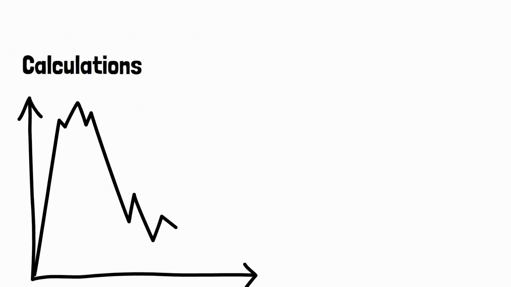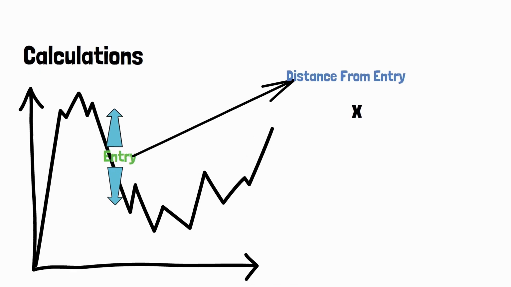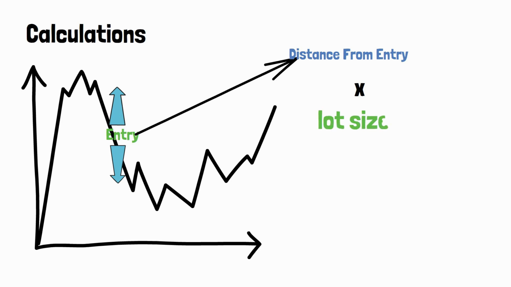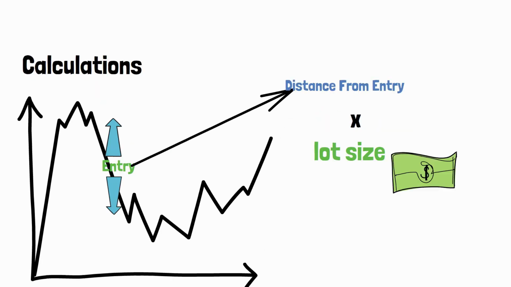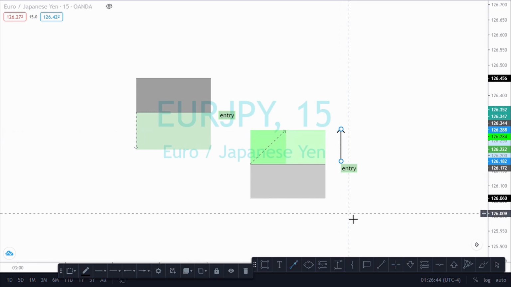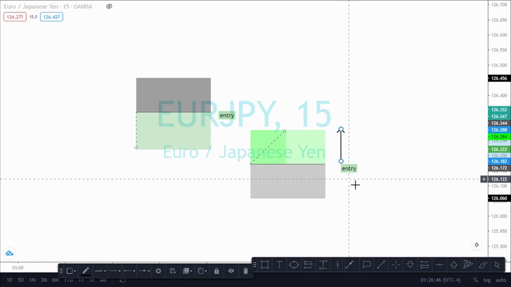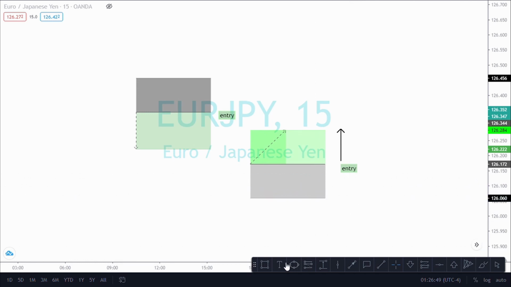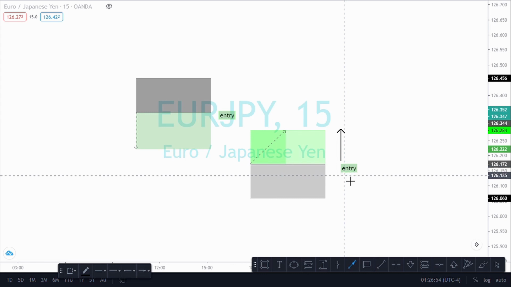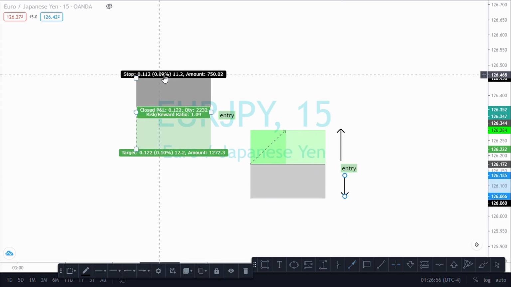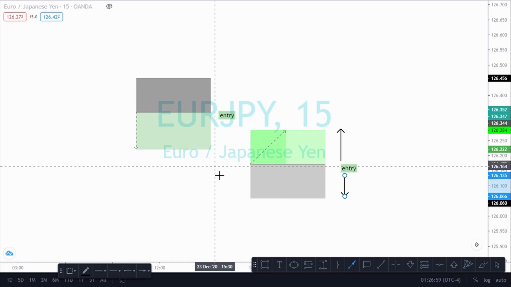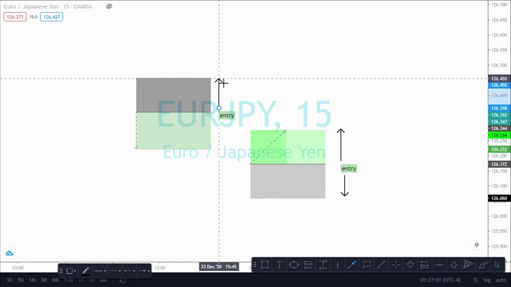So basically, how you would calculate this is distance from entry multiplied by the lot size to get how much money you are risking, either if it goes up or if it goes down. Understood? And the same principle for this one: either it goes up or it goes down.